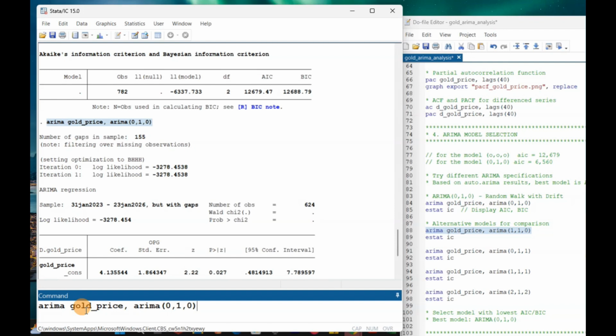Okay, can we just press enter, and then look at the archaic information criteria? A star, IC, and then enter.